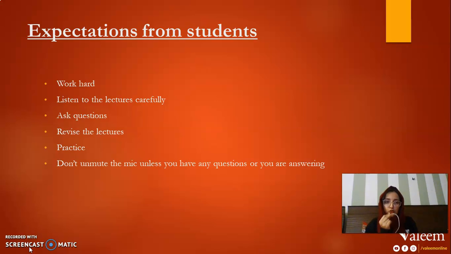Then expectations from the students. What I expect from my students and what I suggest them is to work hard, as it is the key to success. Then listen to the lectures carefully, because this will help them to clear their concepts. Ask questions in the class, because asking questions always helps you to clear all your ambiguities, and it will help you to practice the questions easily.